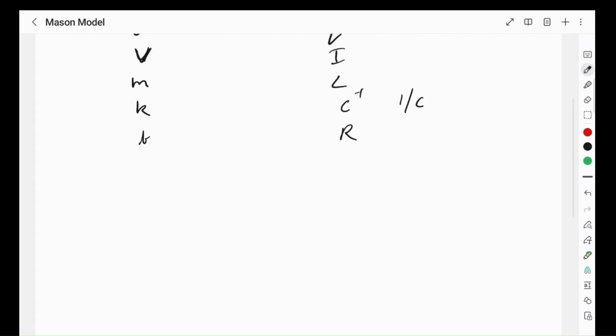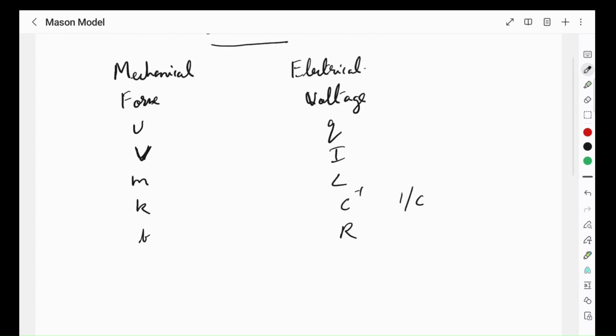So in the Mason model, what you're doing is considering a wave propagating in a medium and then modeling it in terms of force, velocity, and impedance.